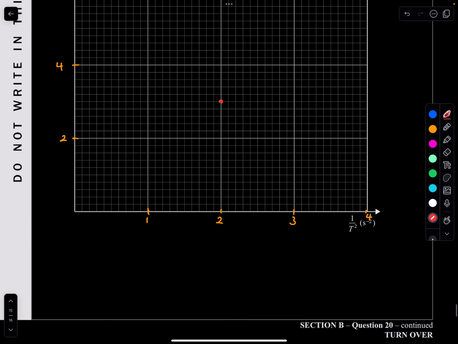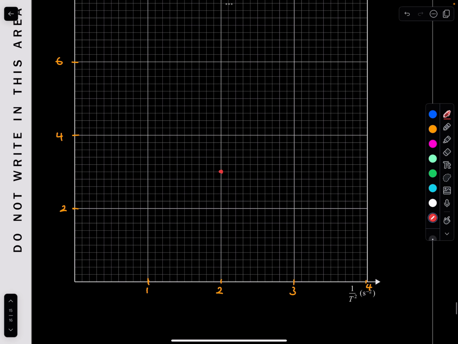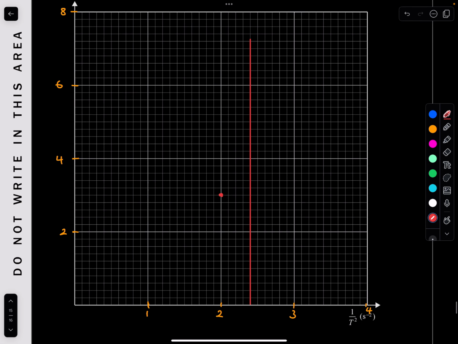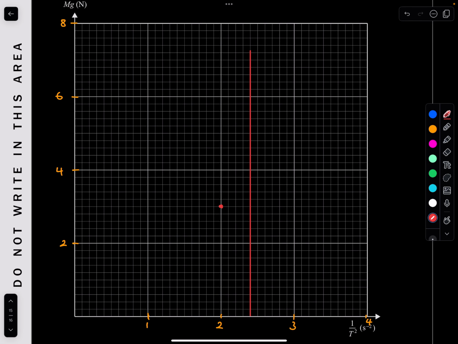2.4 now. So 1, 2, 3, 4. So 4 is here. And then 3.6. All right. So that's 2, 4, 6, 8, 10. So that's 3. 3.2, 3.4, 3.6 is over here.